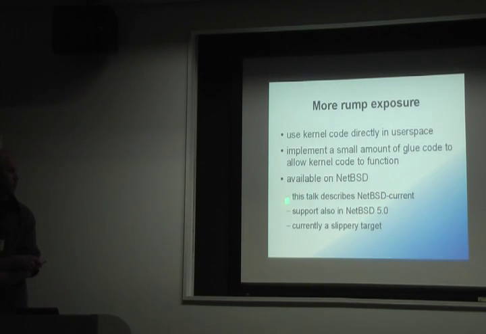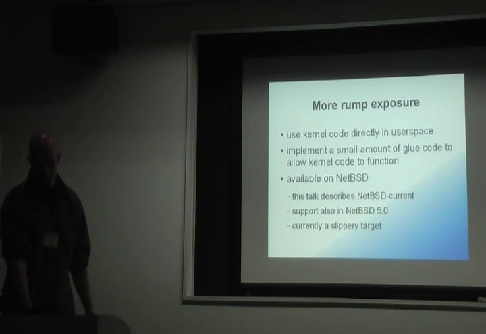If you want to try it out, you want to use current, but there's also some support in the 5.0 source tree. But as it turns out, since this is Userspace, you can also use the current kernel code on 5.0 with some restrictions. I'll come to those a bit later. And it's a very slippery target, since when I'm doing something and then decide that's a silly way to do it, I say let's do it completely differently. So there's really no compatibility yet or things like that.